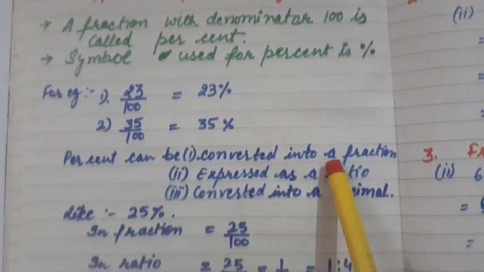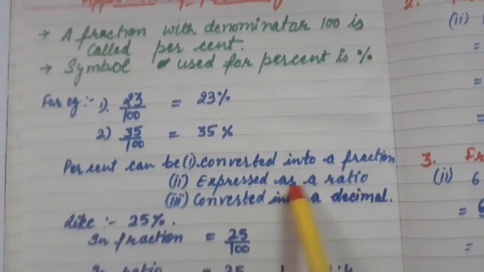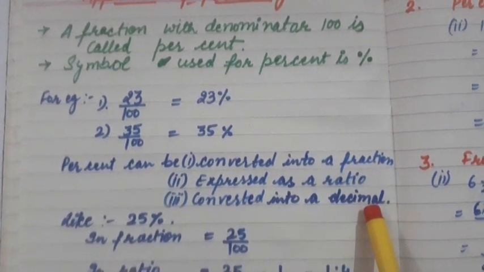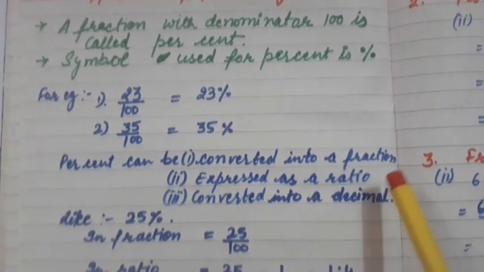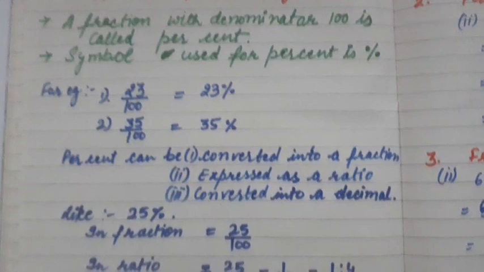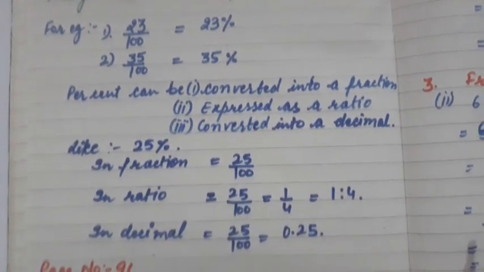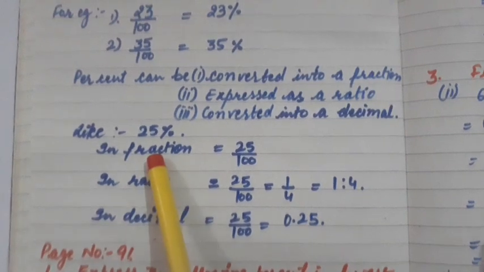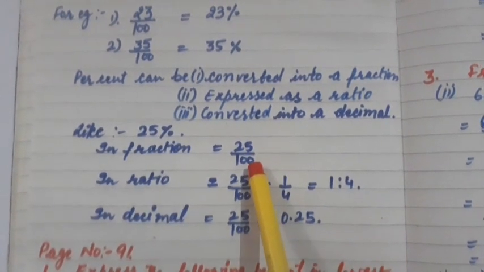Percent can be converted into a fraction, expressed as a ratio, or converted into a decimal. Like 25%. In fraction form it is 25 upon 100.